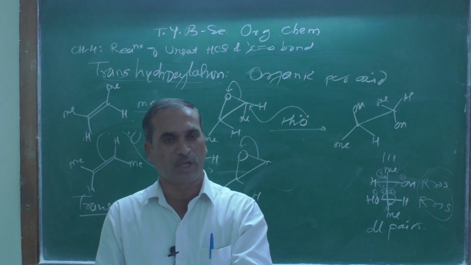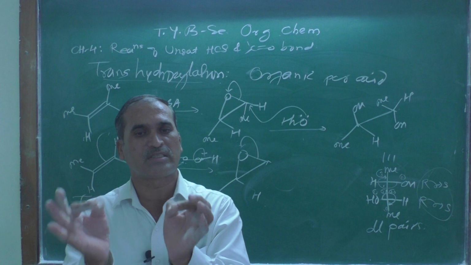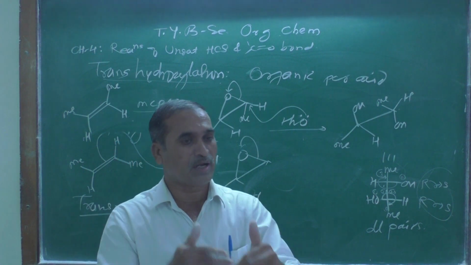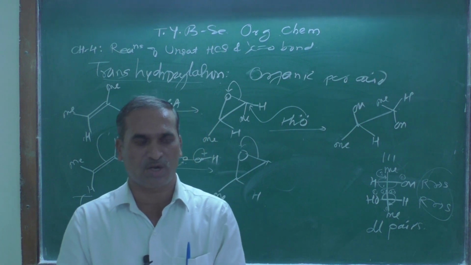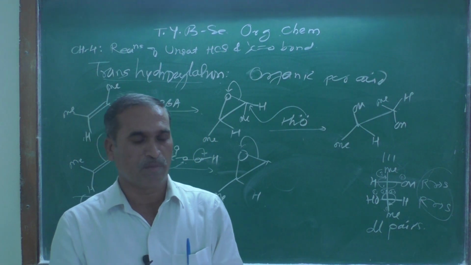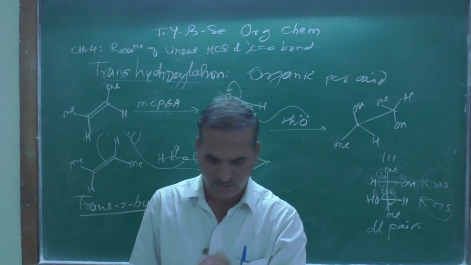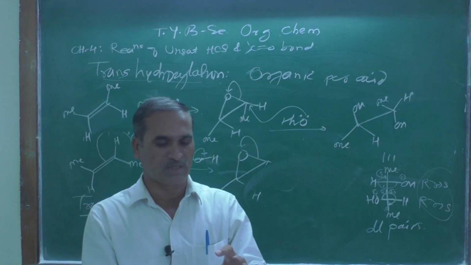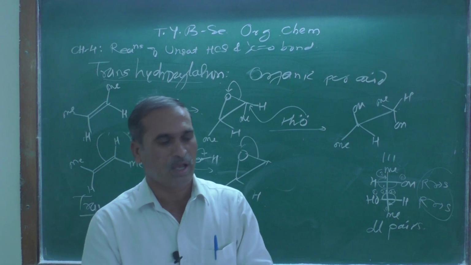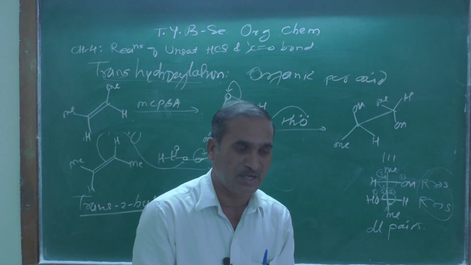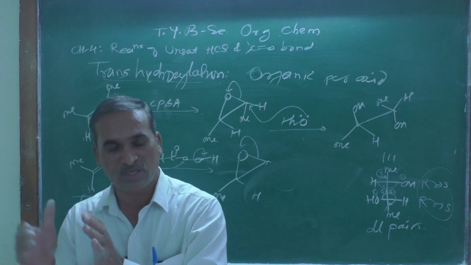These are the two reagents used to get cis hydroxylation. For trans hydroxylation, what are the key points to remember? What is the starting material, which reagent is used, what type of intermediate it forms, and which product is formed.